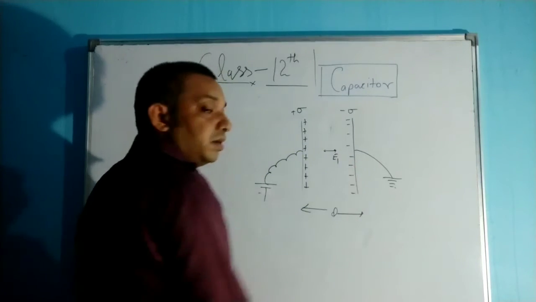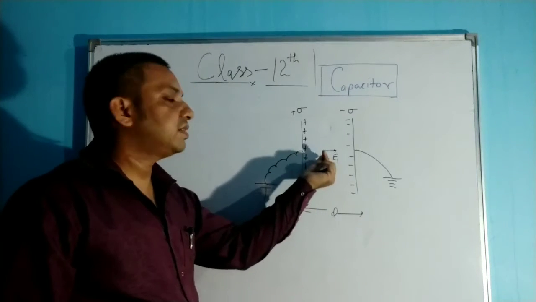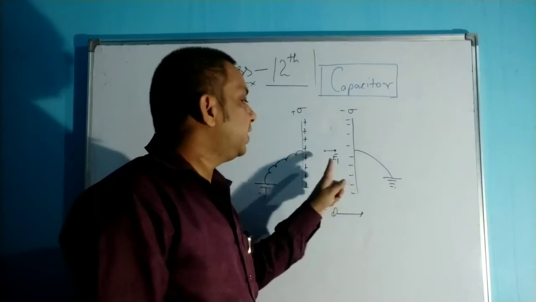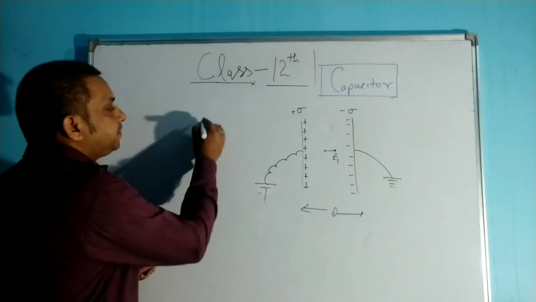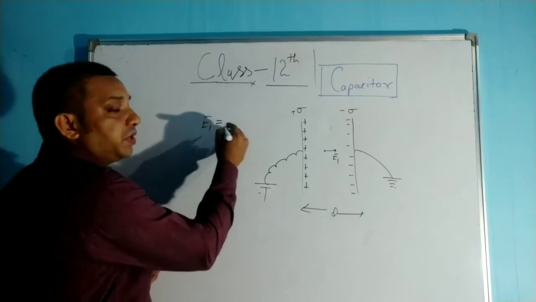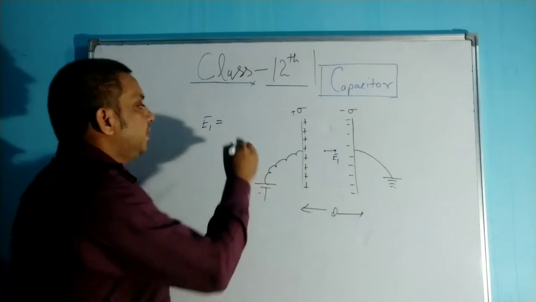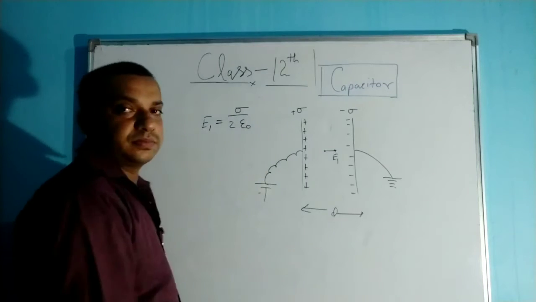Say it is E1. Because of this positive plate, a test charge placed here gives the direction of the force on this side, so the electric field direction is on this side. And what is the value of this E1? E1 is again the electric field due to the thin sheet, which is independent of the position of the point, so it is equal to sigma upon 2 epsilon naught.